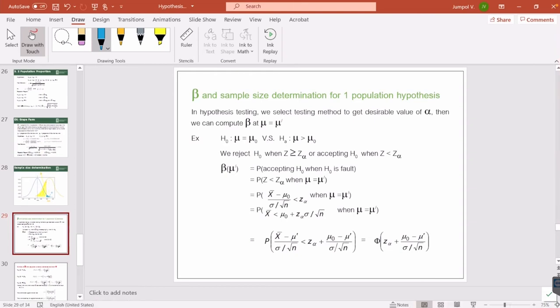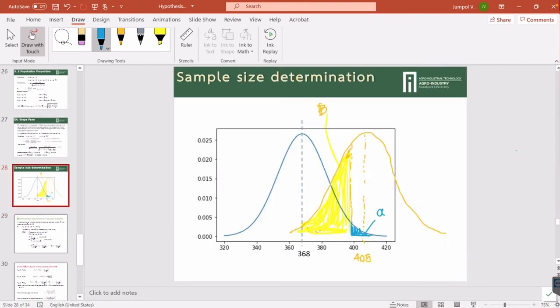So this is the formula to compute beta as a function of mu prime, and mu prime in this case is this. This is mu, our hypothesized mean, and mu prime is actually the real mean.